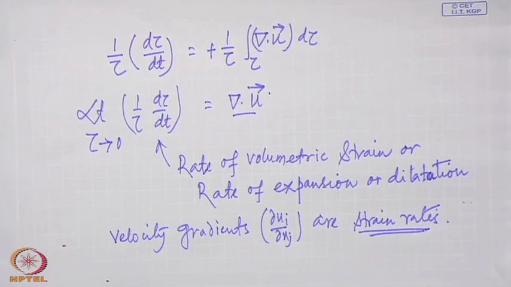This you can very easily see if you consider, as an example, a small line element extending from point P to Q, where at P the velocity is u, at Q the velocity is u plus delta u, or u plus du/dx into delta x.